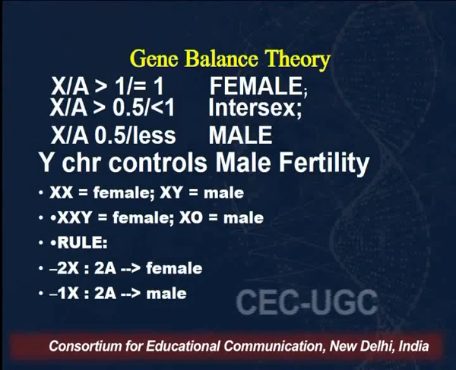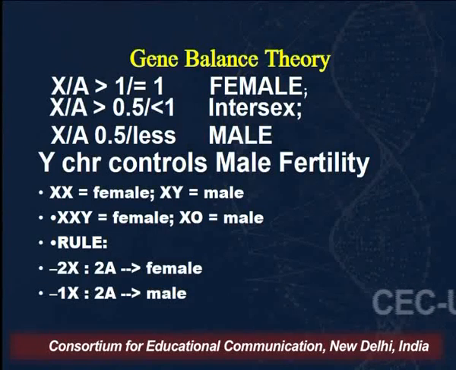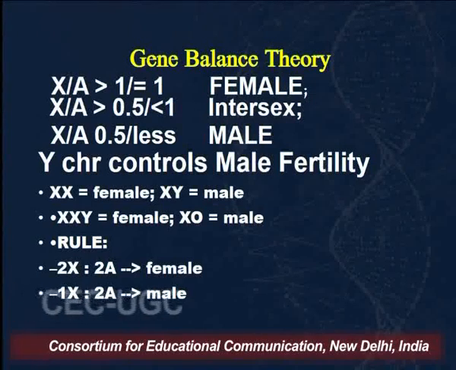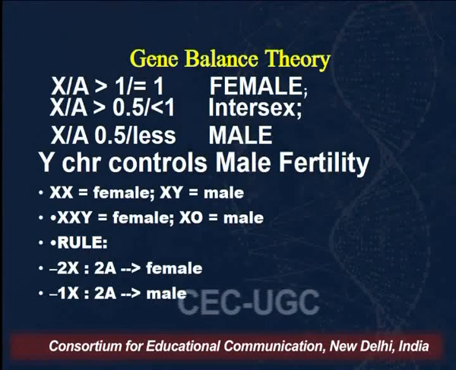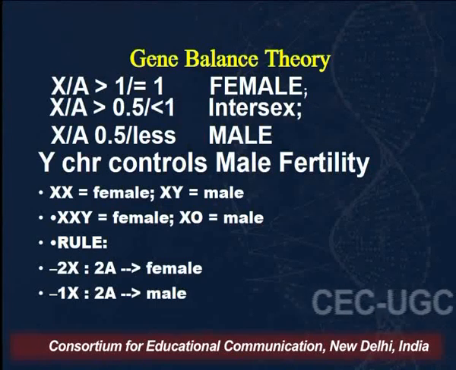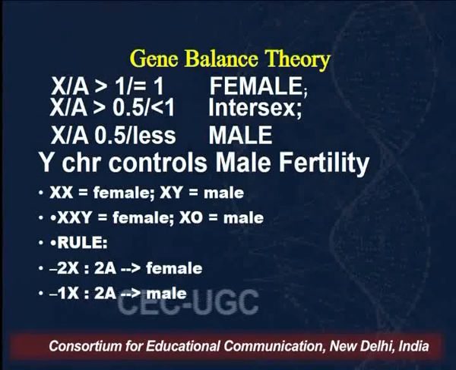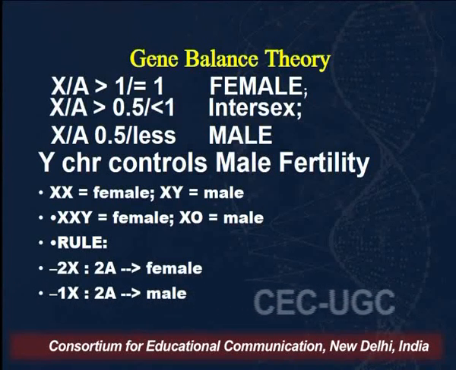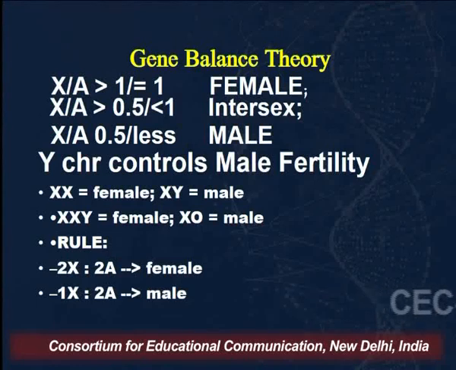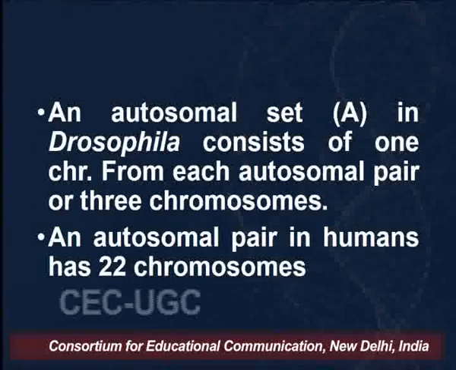Now here is the answer to our question: why is Y present there? Y chromosome in fact controls male fertility. So that means if Y is there, and if it is a male, that is XY, in that case it would be a fertile male. So Y chromosome controls male fertility per se and not maleness itself.